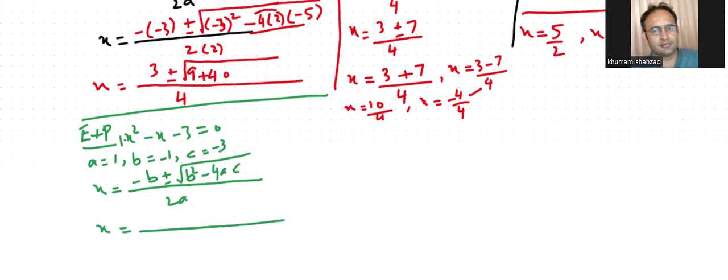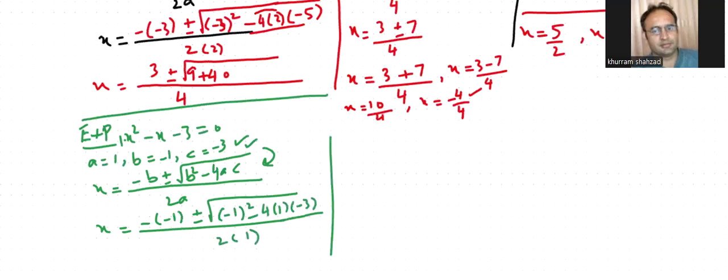I am now plugging these values into this formula. Instead of b, I will write negative 1, plus minus square root of b, which is negative 1 squared, minus 4ac, divided by 2a.